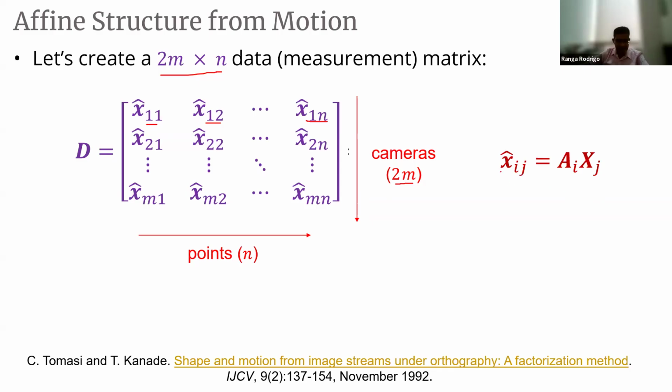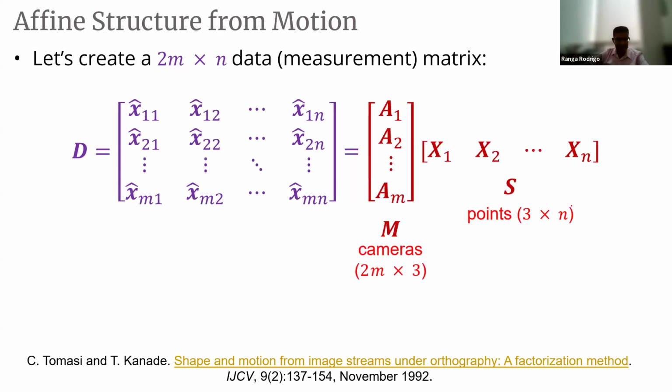So we can write this as xij equals AiXj, and you can see each point is obtained by Ai times x1, the second one is obtained by A1 times x2, A1 times xn. Because of that, we can show that it is a multiplication between this matrix of 2m times 3 and this matrix 3 times n.